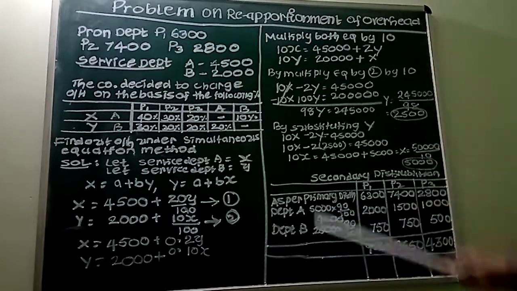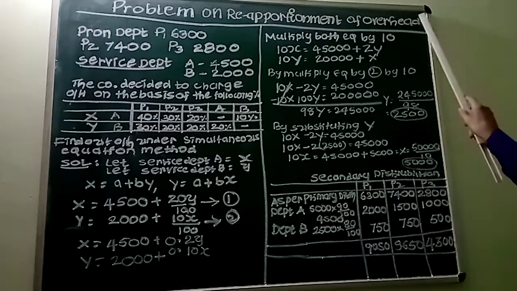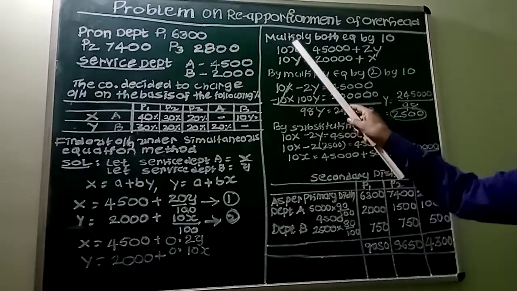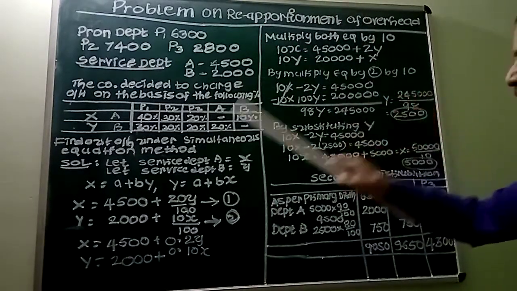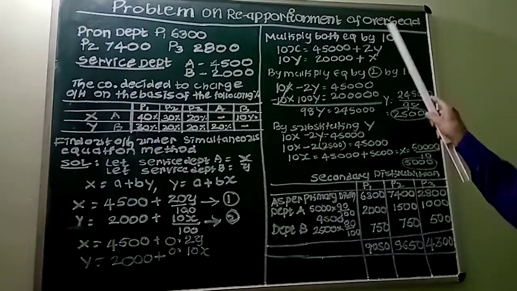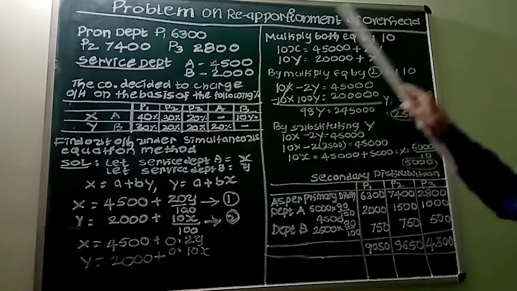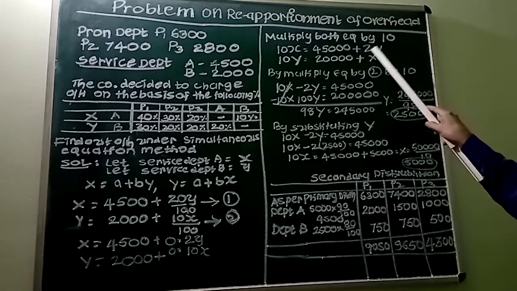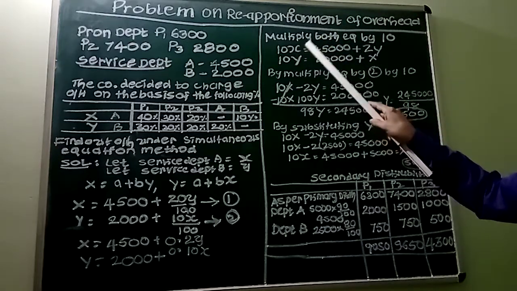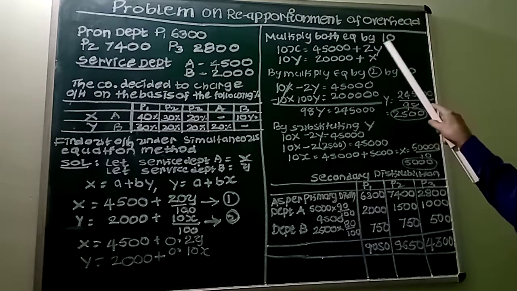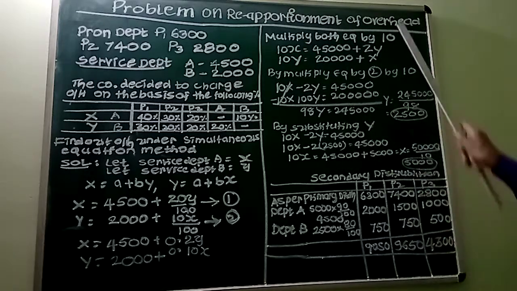It's very important. See now, 10 into X, 10X, 4500 into 10, 45,000, 0.2 into 10 is equal to 2Y. So this is one equation: 10X is equal to 45,000 plus 2Y. This is the first equation.